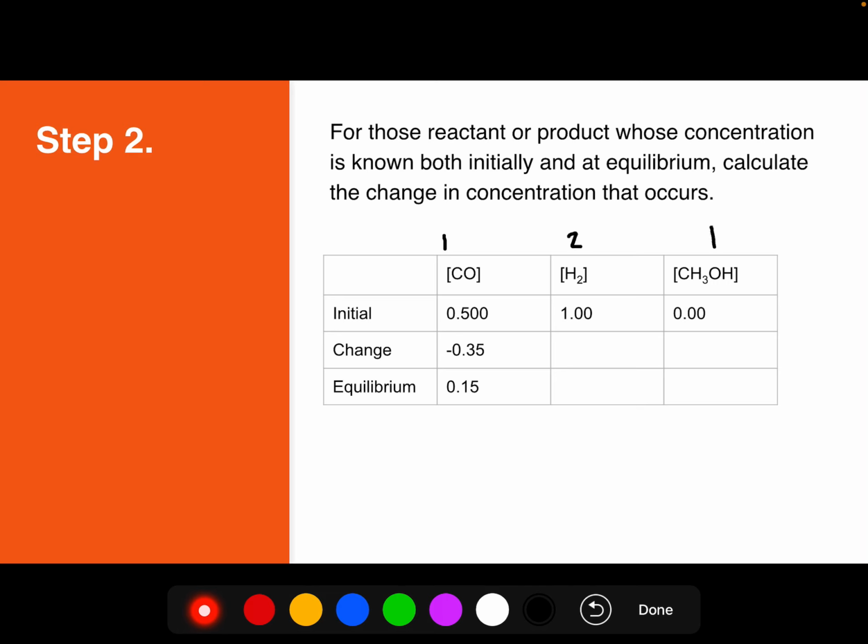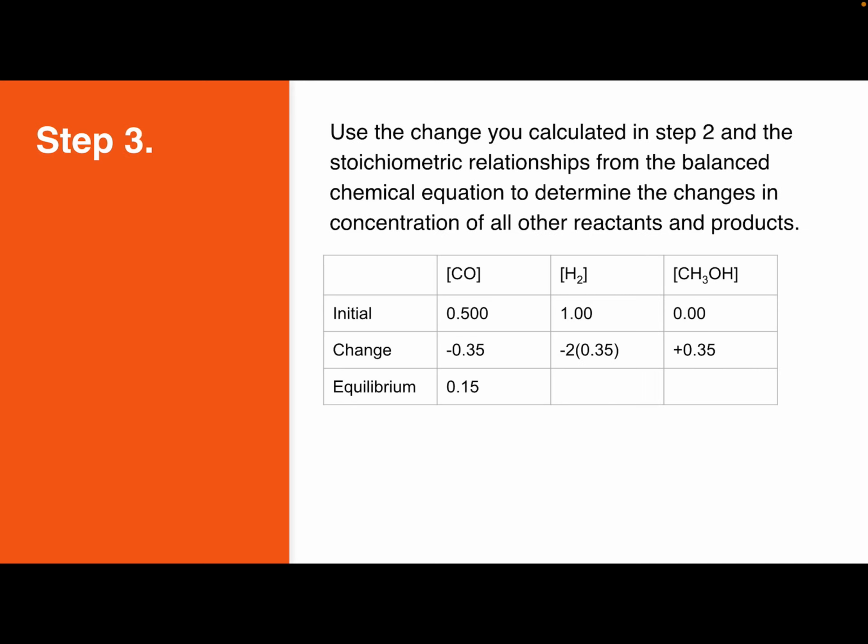So if 0.35 was lost by carbon monoxide, now this is the difference between the products and reactants, we're going to lose 2 times that amount for hydrogen, and we're going to gain that amount for CH3OH. Does that make sense? Hopefully it does. You can't answer me because this is a video. So that's what we get.